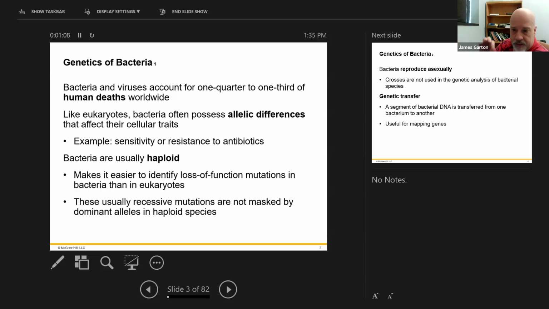Bacteria often possess differences in their genotypes that affect the differences in the phenotypes that they express. For example, bacteria can be sensitive or resistant to antibiotics. Now, bacteria are almost always haploid. Working with a haploid organism is in a lot of ways easier because you only have one copy of every allele, and so any kind of recessive mutation can't hide like it can in a diploid. It can hide in the heterozygote.